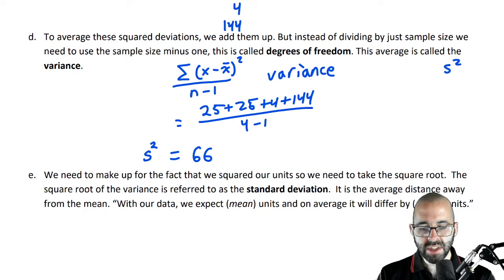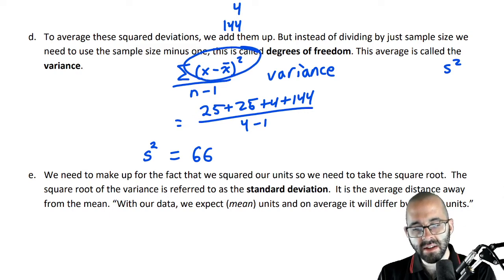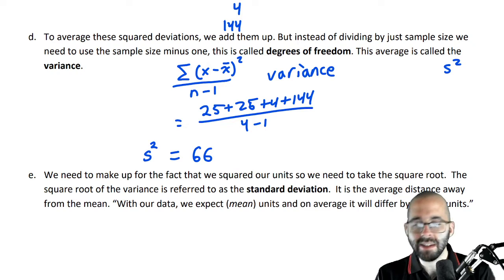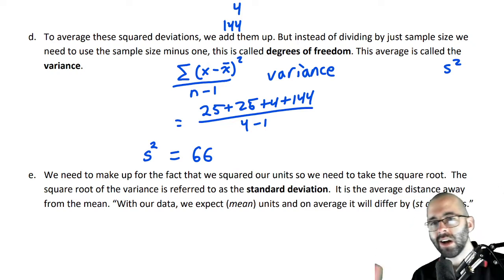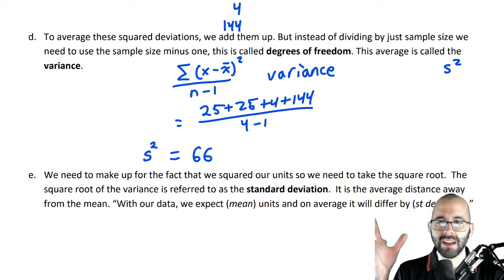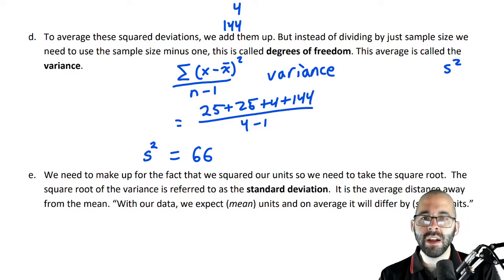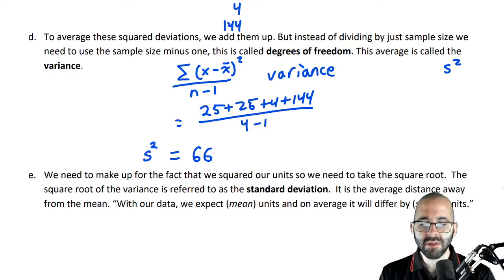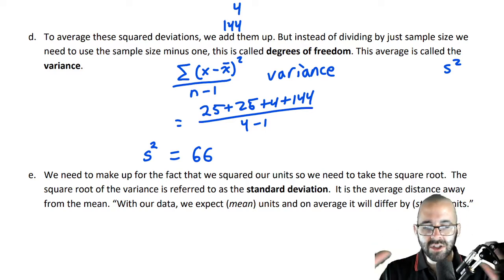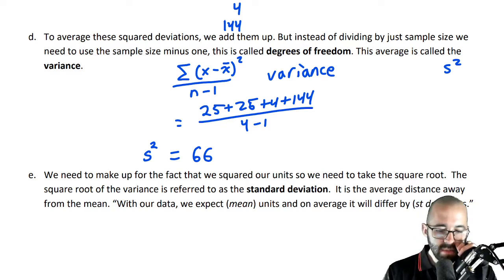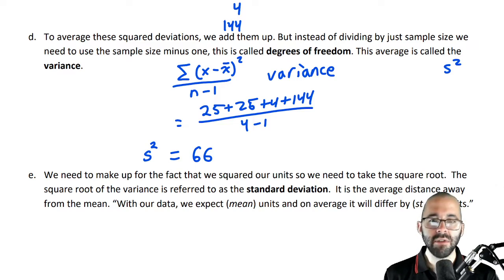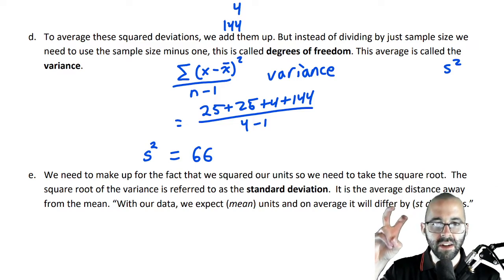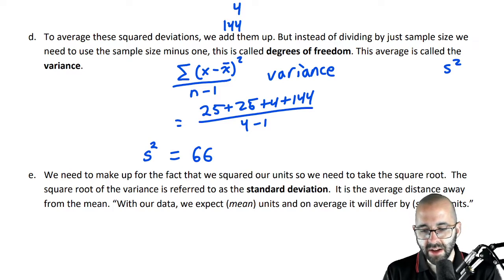So the reason why this is squared is because we squared all of this stuff earlier, right? So we kind of want to undo that squaring. It doesn't undo it perfectly, but we're going to kind of get things at least back in the same ballpark. So we're going to square root this actual answer, and that's going to be what the standard deviation is. It's just measuring how far each individual thing is from the mean, how far everything is from the center, and that's a way of calculating spread.